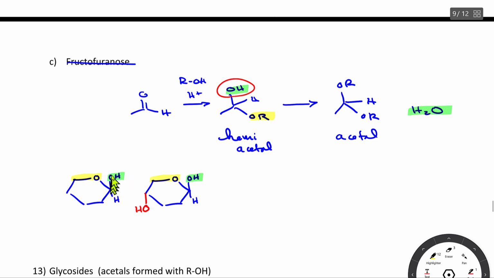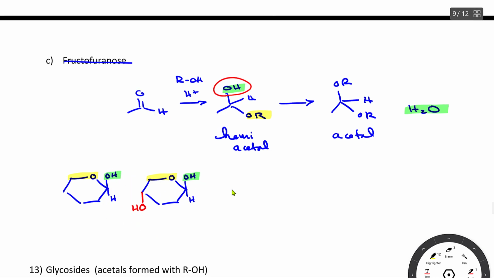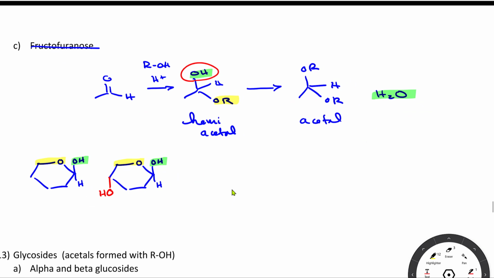This OH can be either up or down. So what happens in the linkage is that you're going to have a bond that forms like this. And the way it's drawn is they draw it down and up, and then they draw a second one like this.